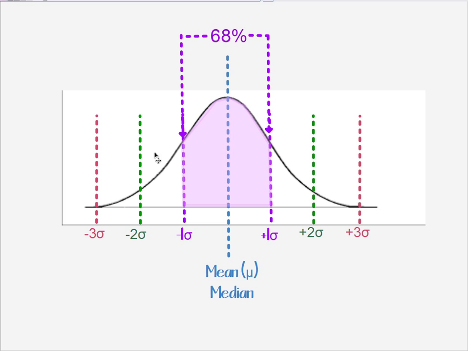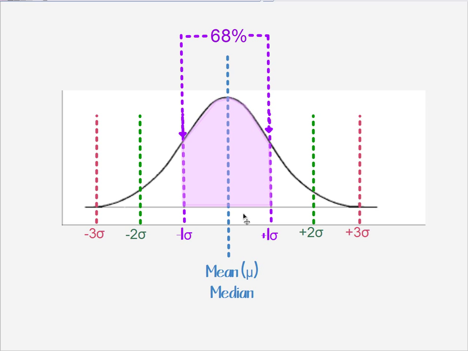Within the standard deviations, there are 3 super important percentages that you need to know. In a normal curve or in normally distributed data, between -1 standard deviation and +1 standard deviation, I find 68% of my data. Now this is a rough estimate.